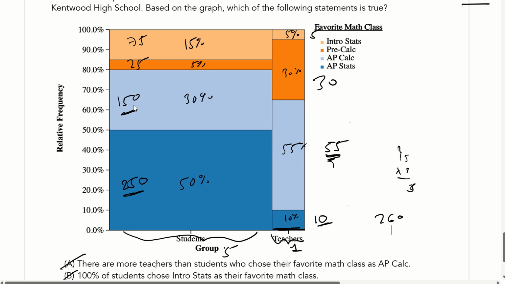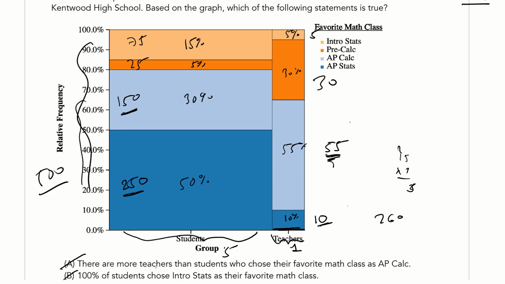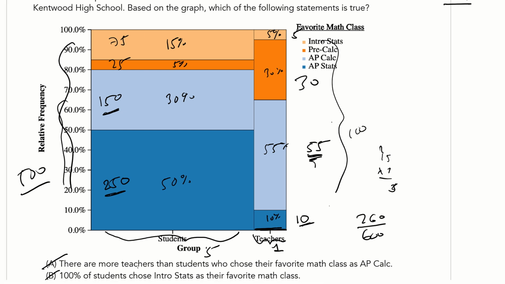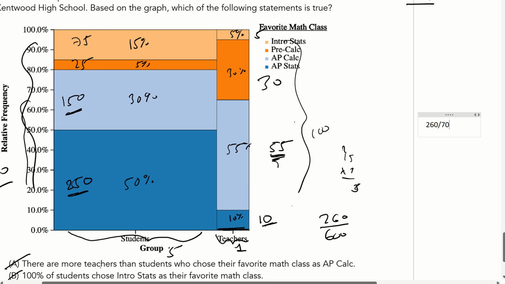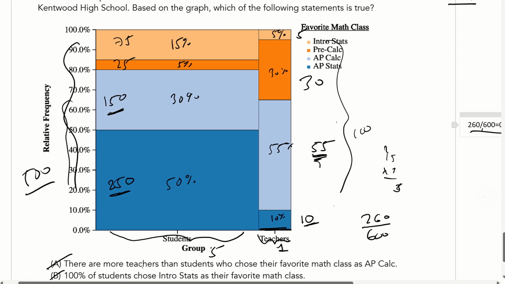We have 250 plus 150, this is 400. Then plus 25 and 75, that's 500. So it's 500 here. And there's 100 here, right? So it's out of 600. Okay, so in that case, 260 out of 600. So that's 43%. That's pretty high. So 40 looks pretty high.